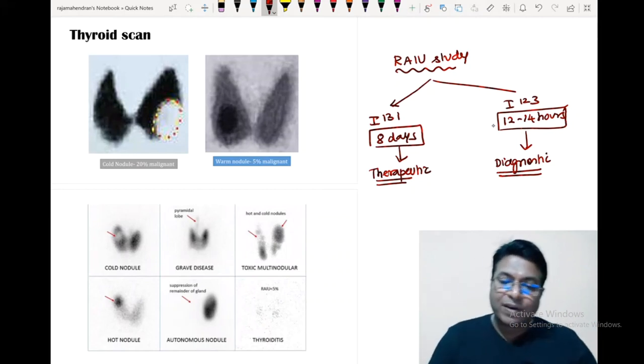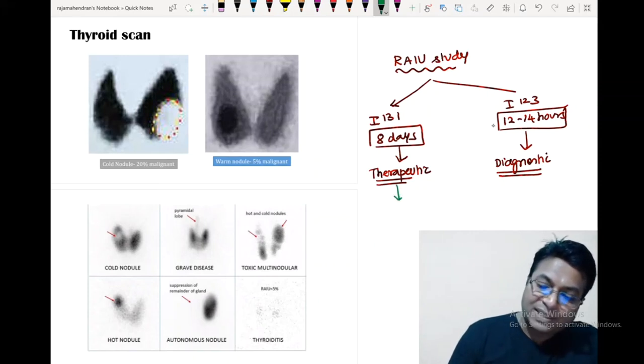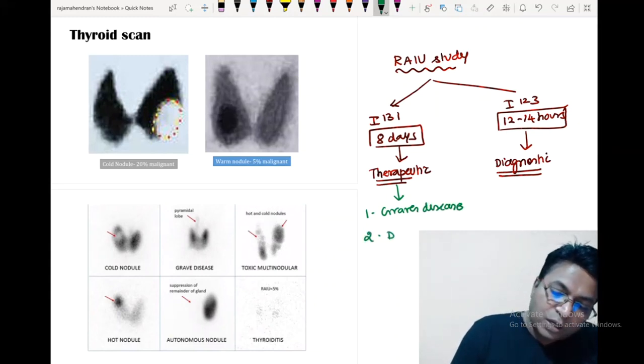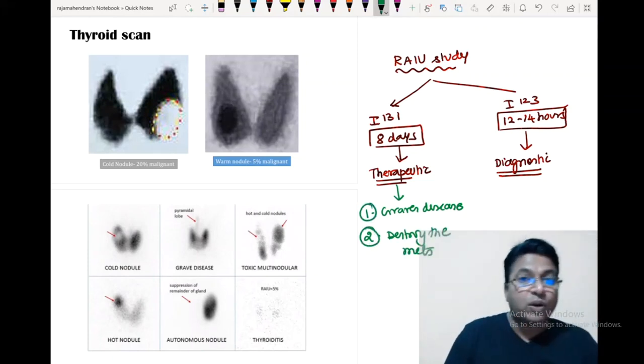So this is a radioactive iodine study. They are used for diagnostic as well as therapeutic purposes. For your exams, they will ask you what are the therapeutic uses. Therapeutically, it is used for Graves' disease, to reduce the thyroxine production in Graves' disease, and to destroy the mets. These are the main two therapeutic uses of iodine 131.